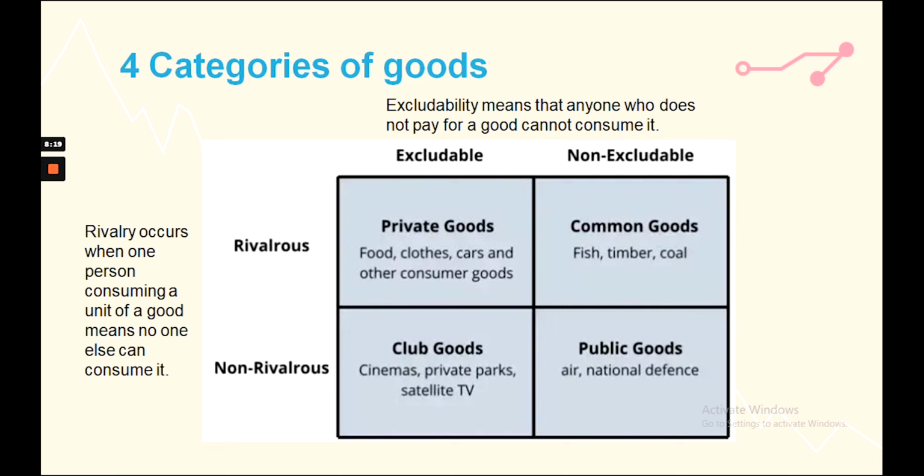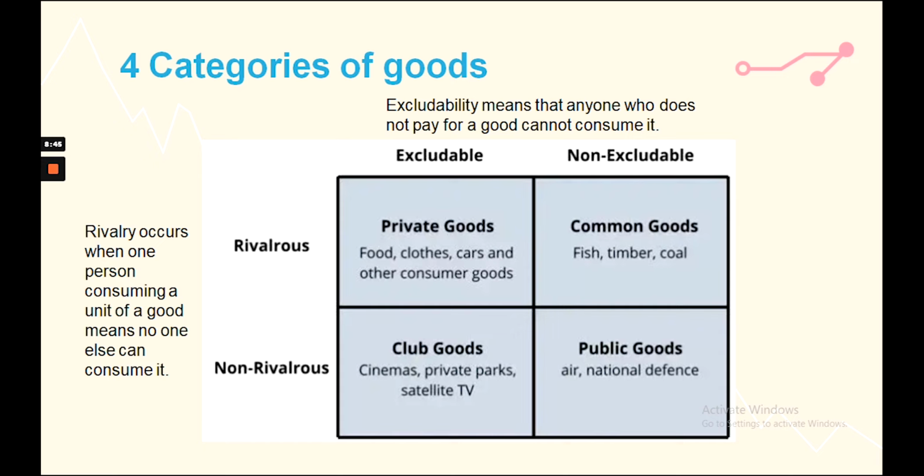This brings us to another concept that will help us in categorizing goods. Goods can be categorized into four types based on their excludability and rivalry. First, let's understand what excludability is. Excludability means that a person who does not pay for a good will not be able to consume it.